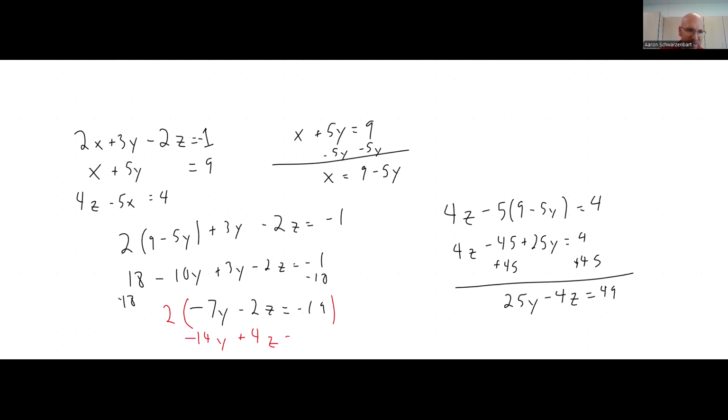I don't want it to be -2, I want it to be +2. This should still be -4z. Okay, that is better. Equals -19.